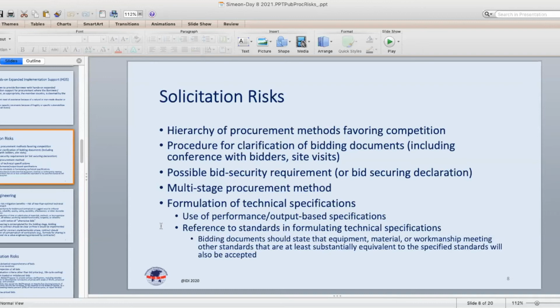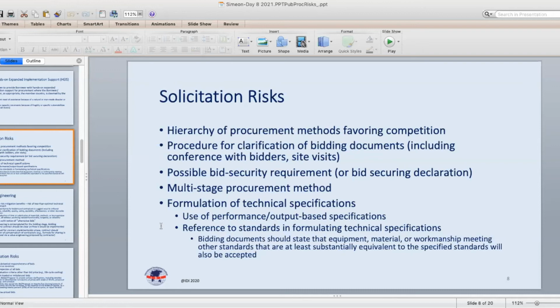The mitigation measure for that risk is having a hierarchy of procurement methods, with the ones that are most open to participation, the ones that cast the widest net, as the default method, so the open bidding method. Or in the case of procurement of consultancy services, a method which has an open call for expressions of interest to be shortlisted.